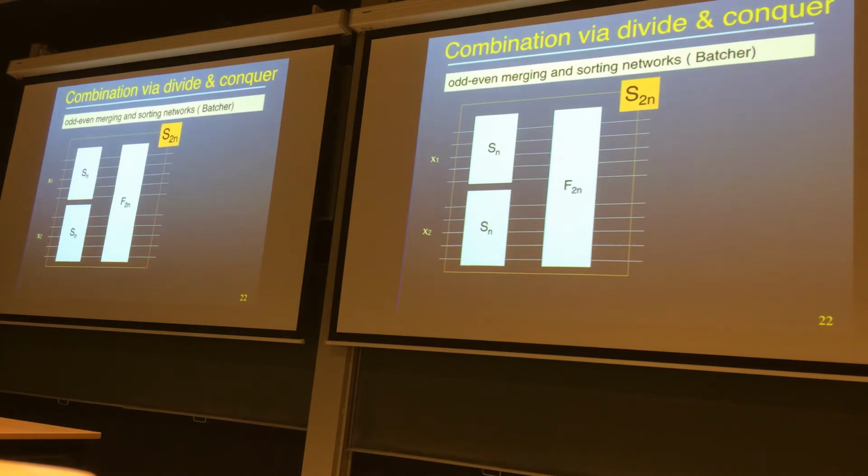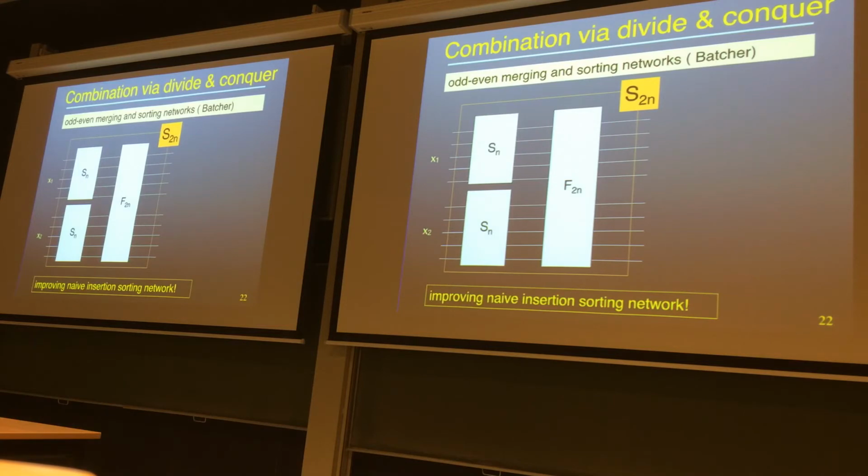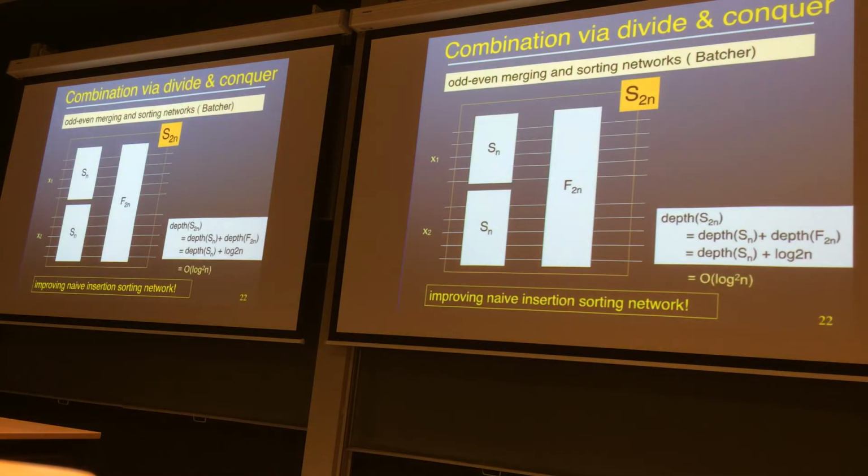Well, these networks are called the Batcher networks, or the odd-even merging and sorting networks. And one property of them is that, for example, their depth is log squared n, because it is the depth of Sn plus the depth of F2n.